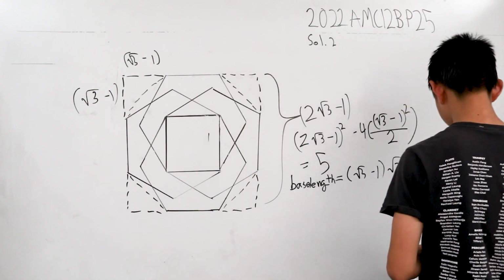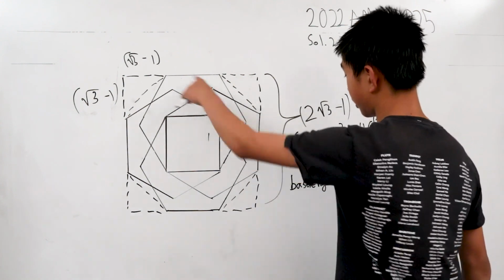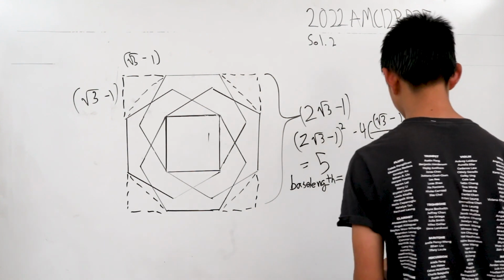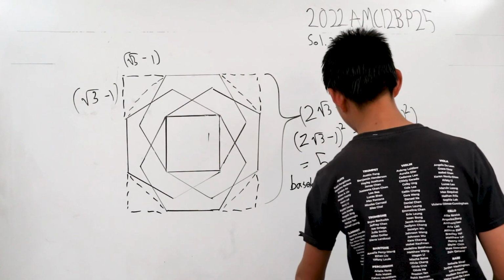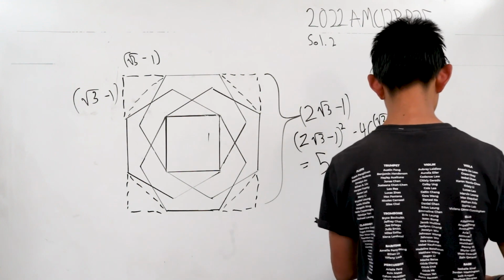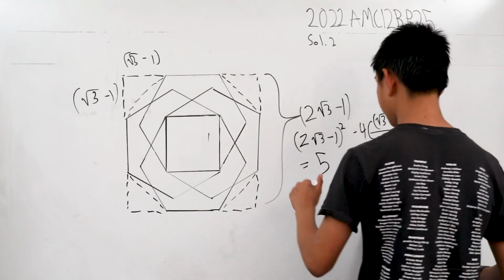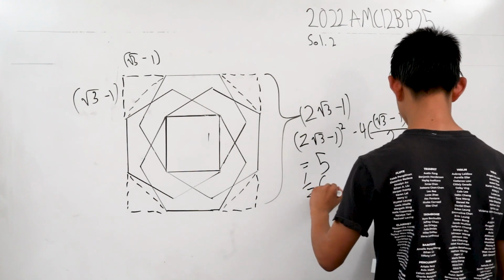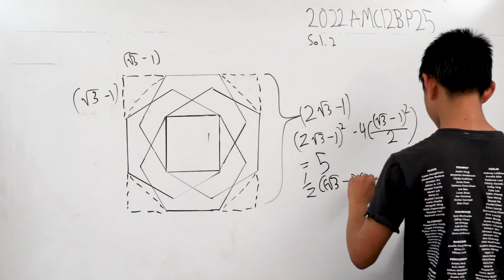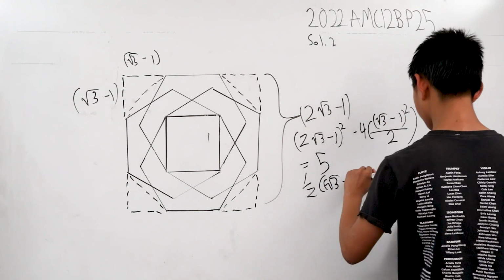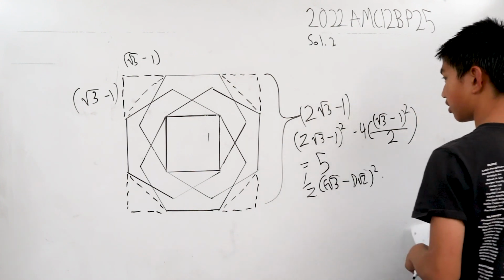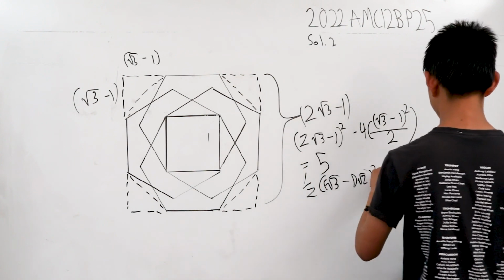Okay, so we know that the area of a triangle in this case is 1/2 times the base length times the tangent of that side length. So we know the base length, correct? Our base length is simply going to be 1/2 times the square root 3 minus 1 times the square root of 2 squared, and then you multiply it by, well, the formula states that it's the tangent of 15.